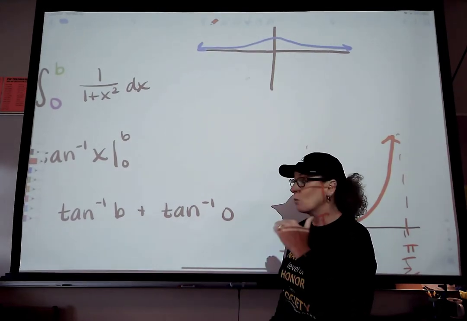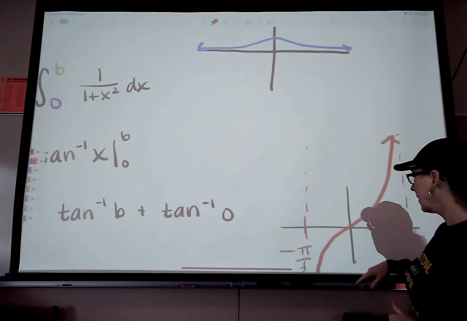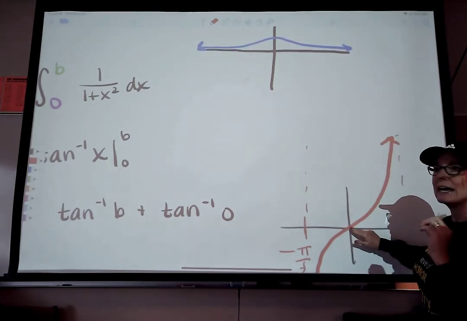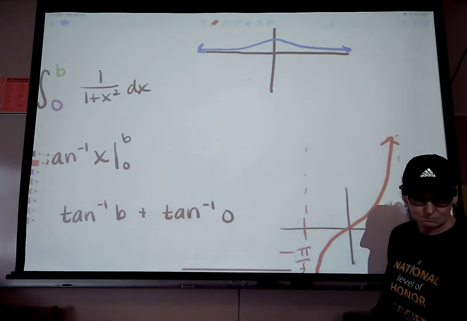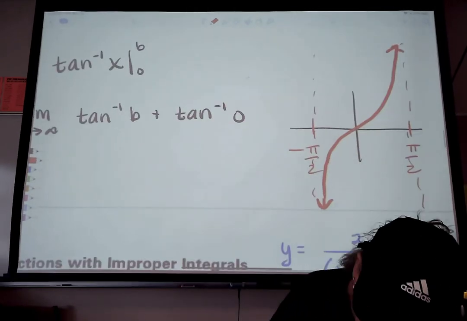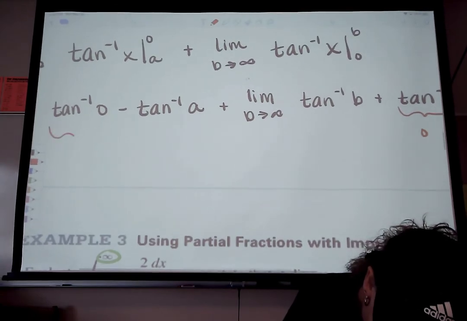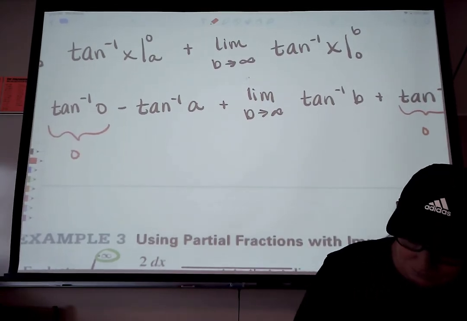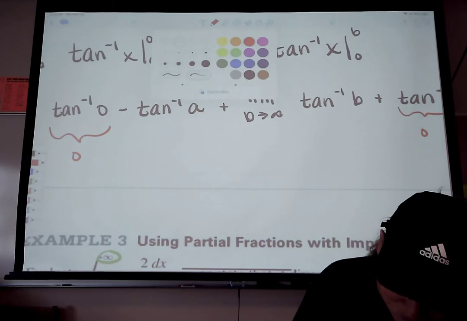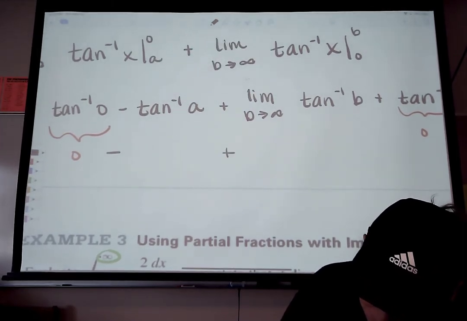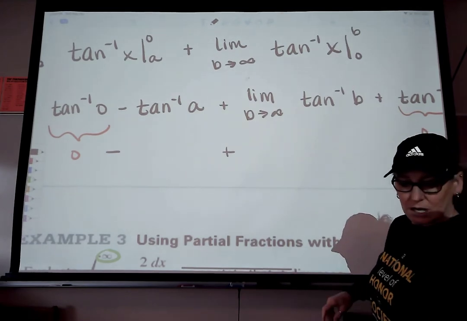Where is my tangent, my y value, 0? At an angle of 0. So this is 0 and this is 0.